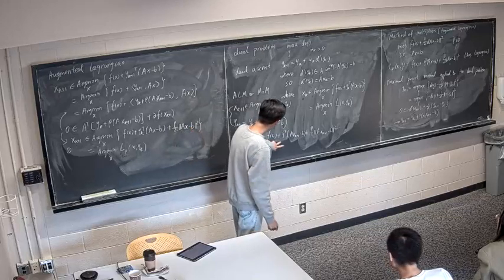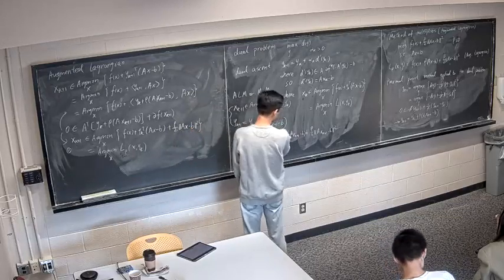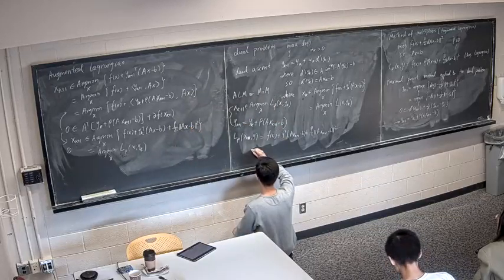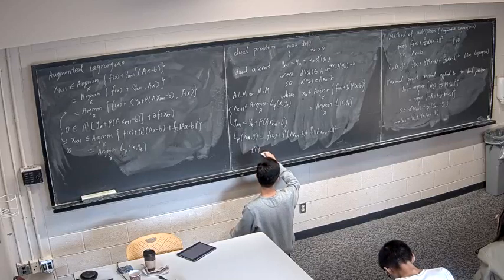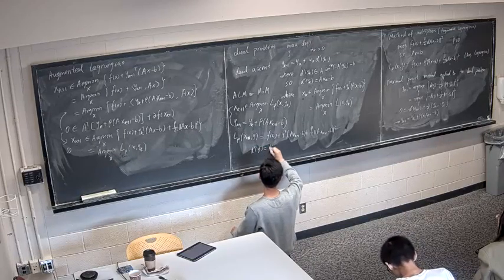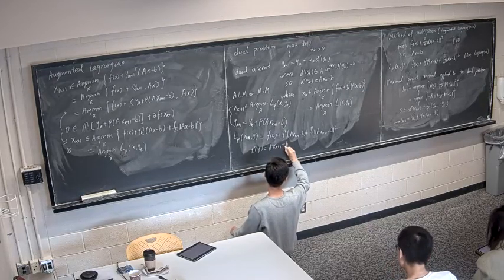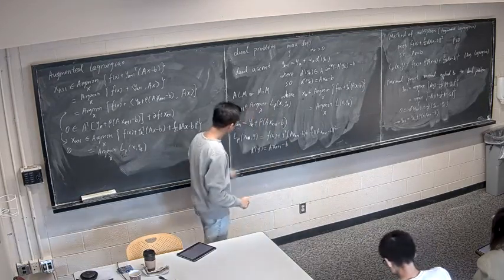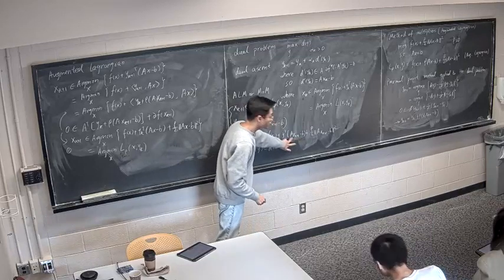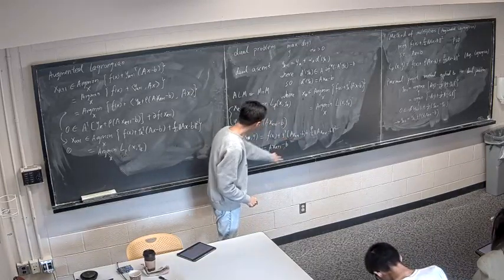So the gradient of this one with respect to y, right, it's just this term here, A xk plus 1 minus b.